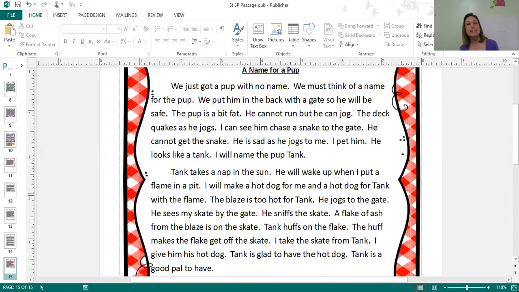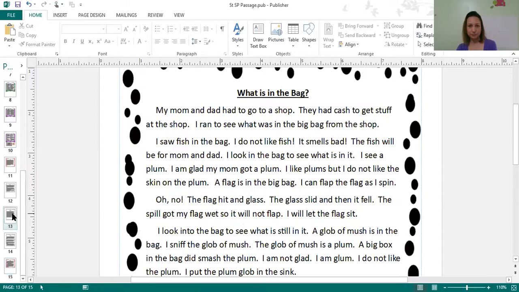Sound out words if you need to. If there's a word that you can't figure out, write it down so you can go back and practice it a little bit more. And then pause it and read 2 or 3 times. And then when you're ready, come back and we'll move to the next passage.